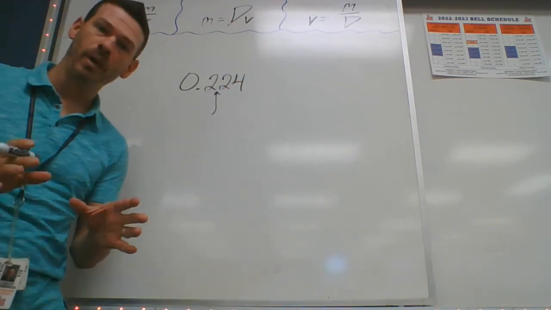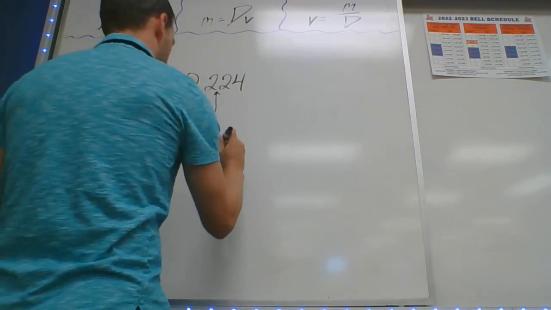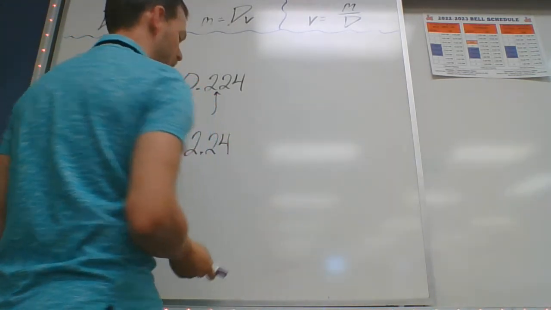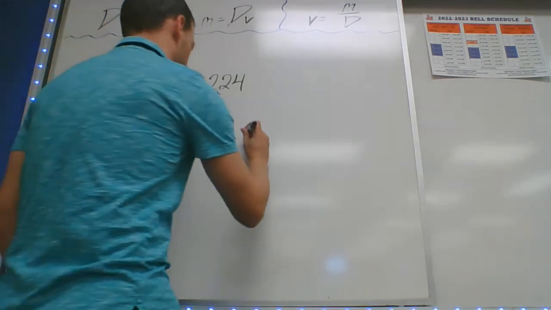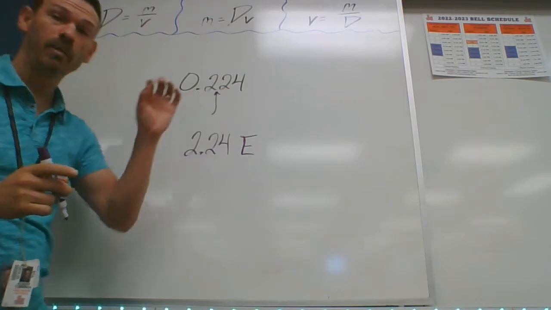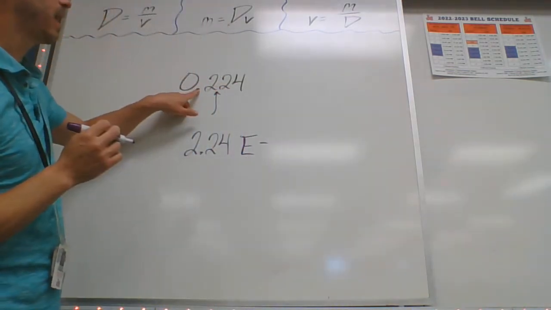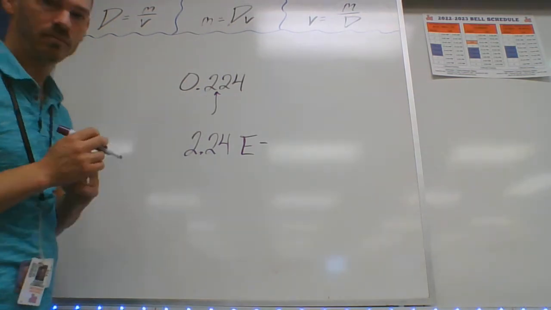If it were where I'm pointing, it would be 2.24 times 10 to the negative. Starting number was less than 1. And how many times do I have to slide the decimal to get it from there to there?